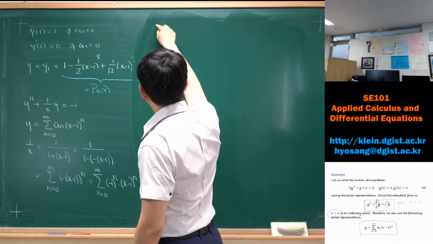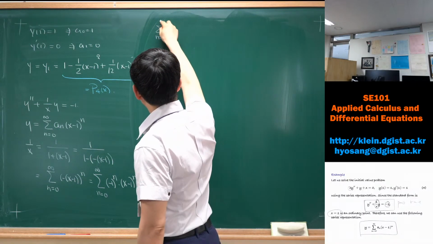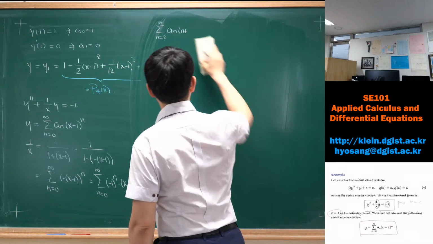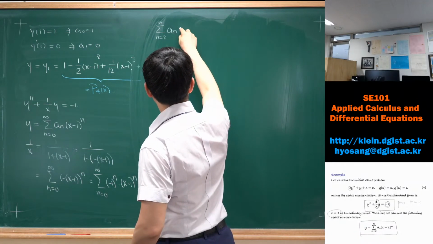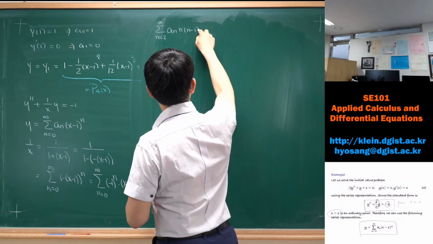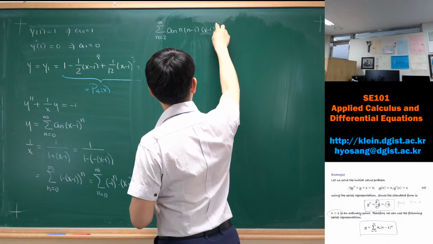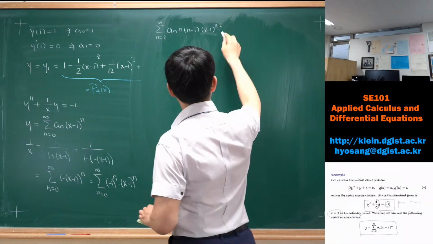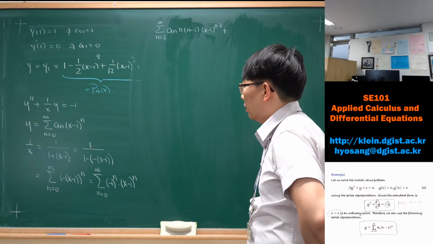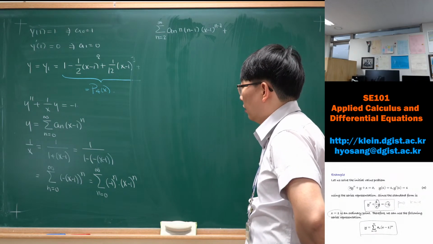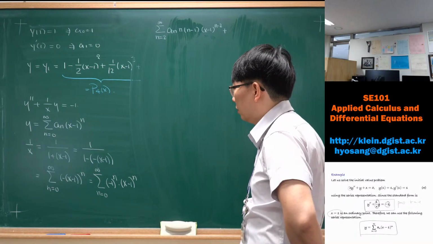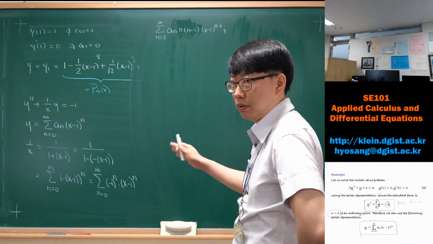So y double prime becomes the sum from n equals 2 to infinity of a n times n times n minus 1 times x minus 1 to the power of n minus 2, and plus... okay, in this way it's very hard, so I'm going to use a different way.